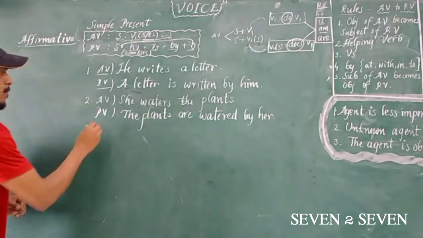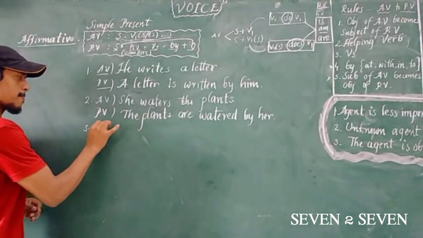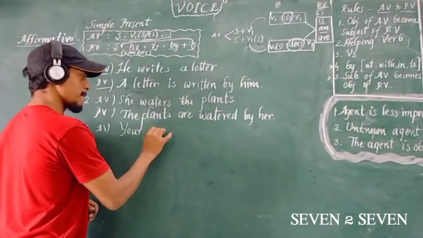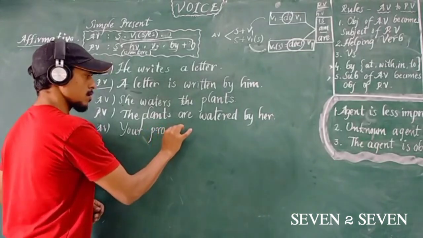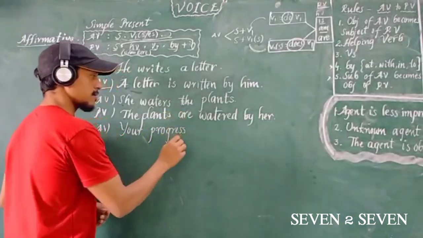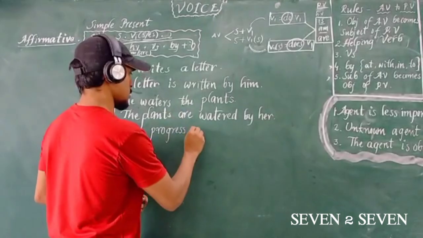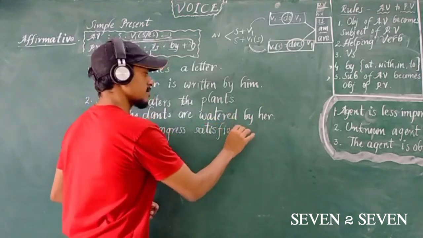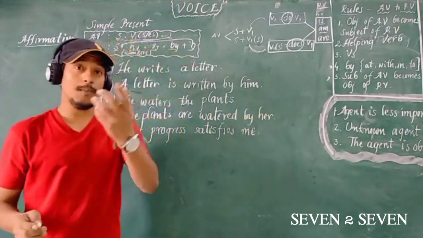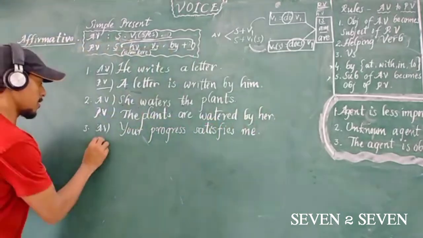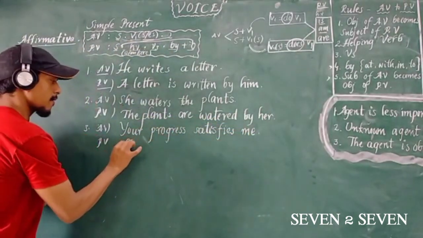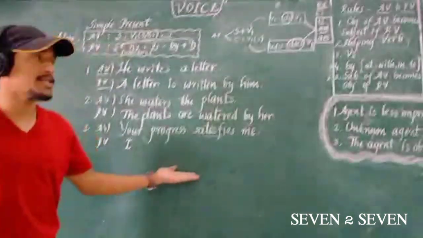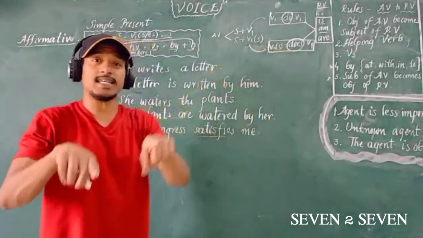Next one. Your progress satisfies me. Here, me becomes I. And in simple present, satisfies is equal to does satisfy.